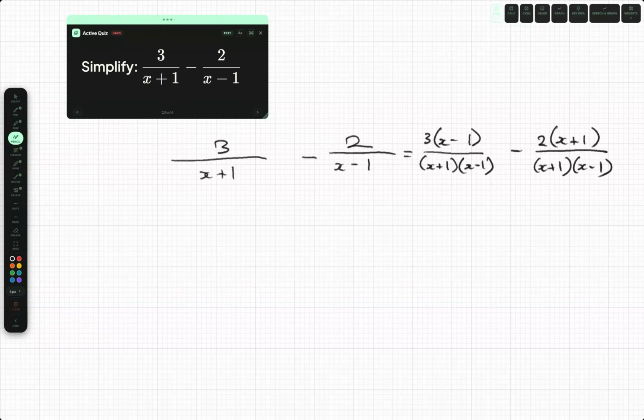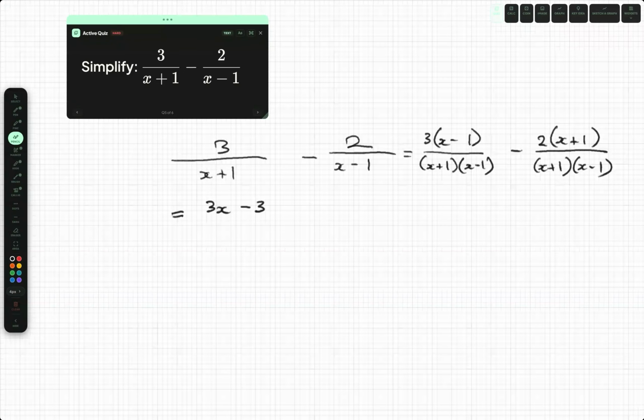Now, once I've done that, we're going to think about combining these and then expanding our values and simplifying. So, let's do that now. We might just do it in one step. So 3 times x is 3x, and then 3 times negative 1 is minus 3. Now, you can do this two ways.